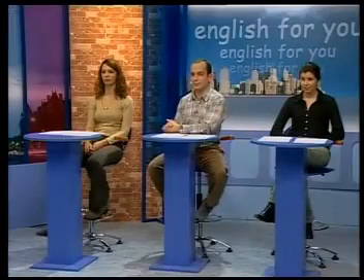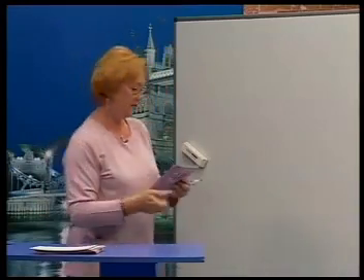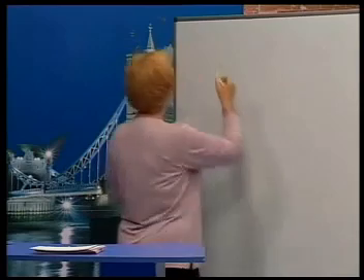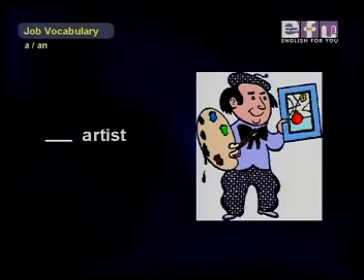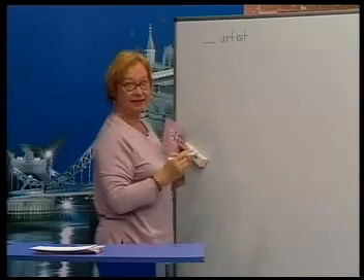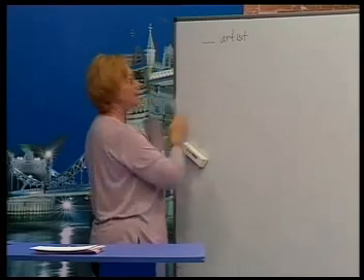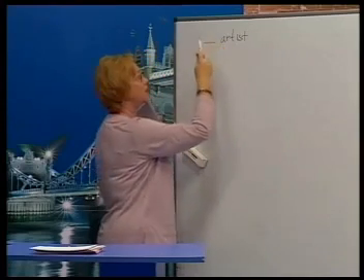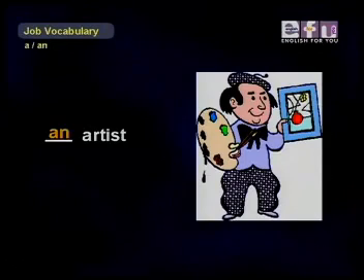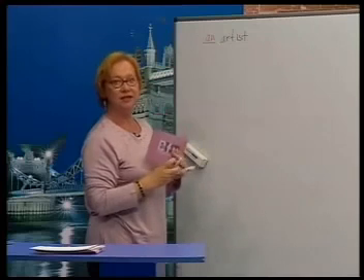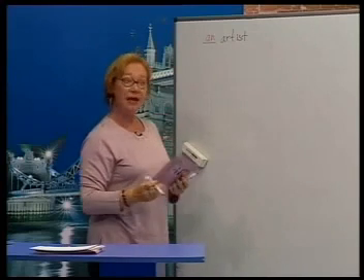Now, here are some more jobs without articles, and we're going to put the articles in. So, for example, artist. Now, we have an A, so we say an artist. All right, are you ready?